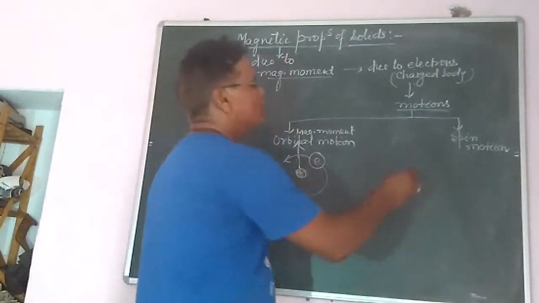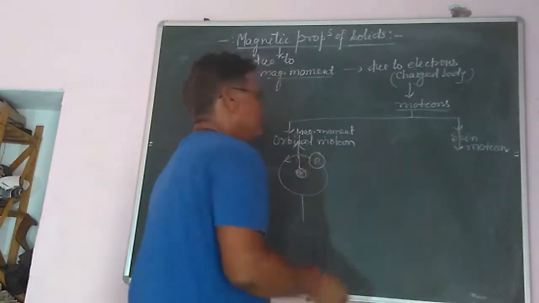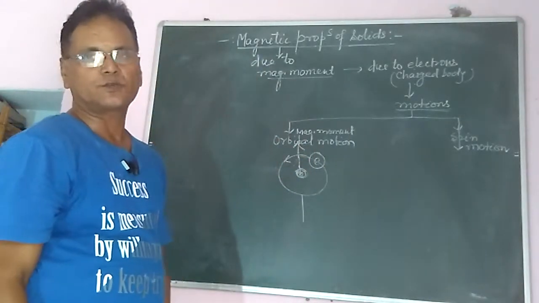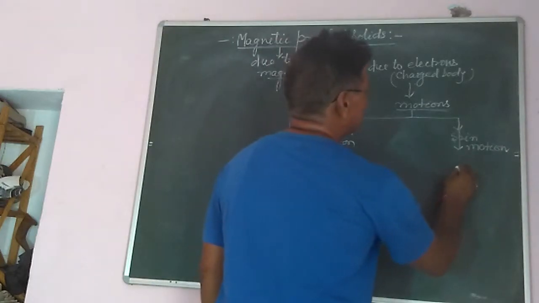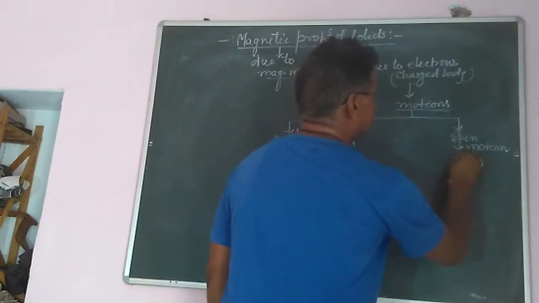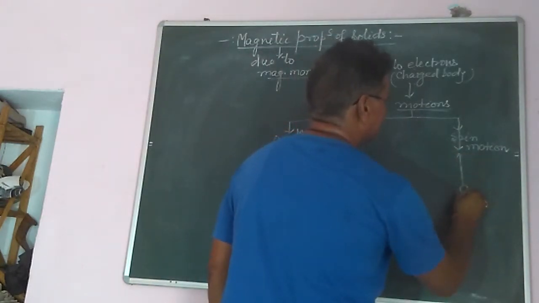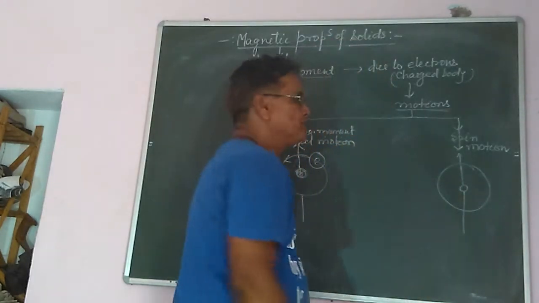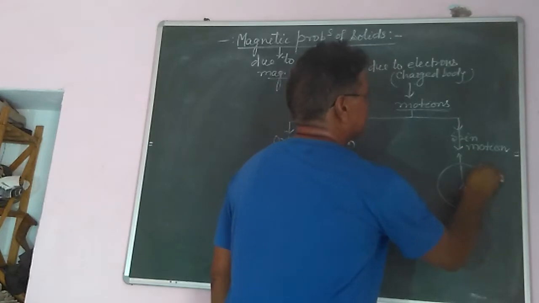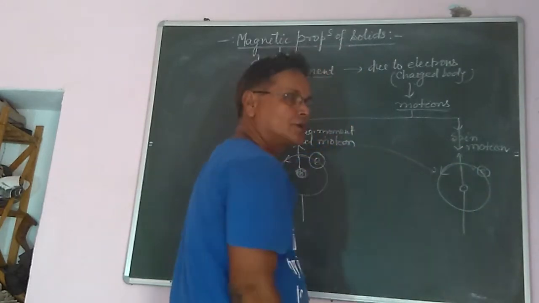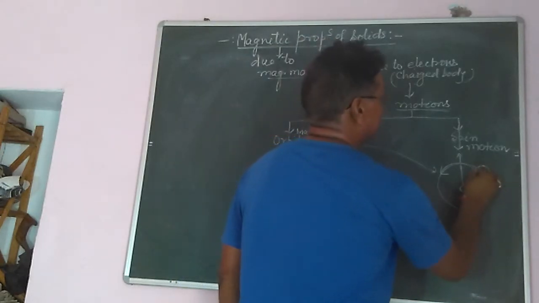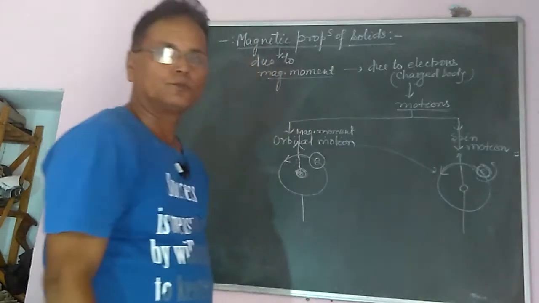And the electron not only revolves around the nucleus, not only shows the orbital motion, it also shows spin motion. Suppose, see here, this is the nucleus of an atom, and the electrons that revolve around it possess orbital motion, but this electron also moves on its axis.